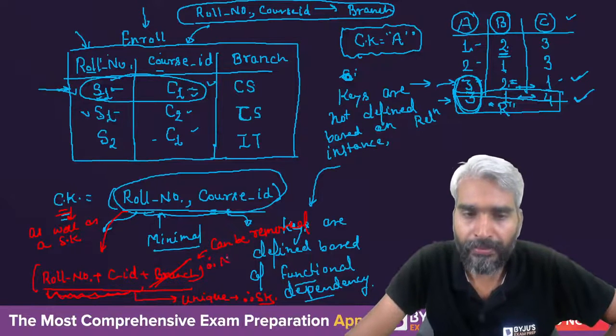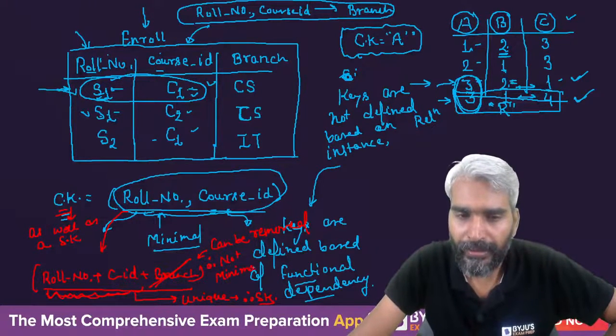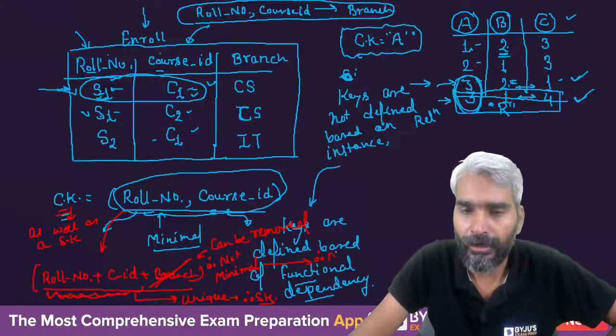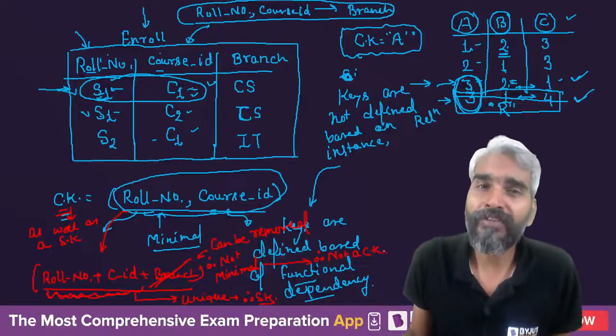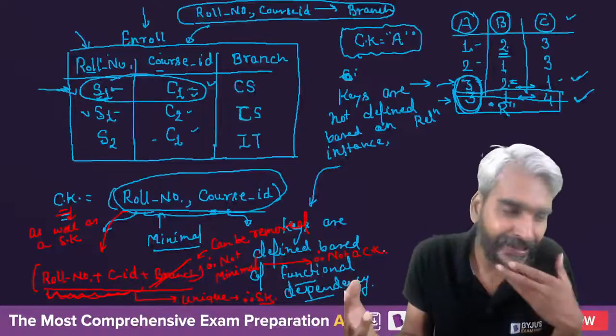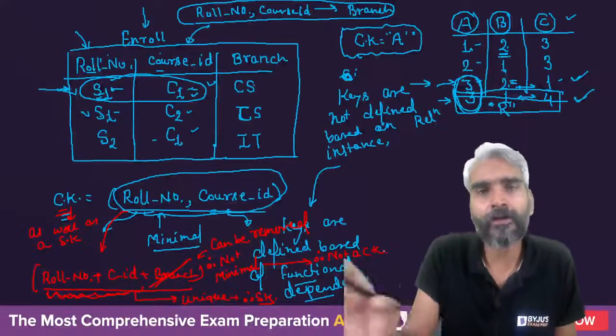Therefore, not minimal. And if it is not minimal, therefore it cannot be a candidate key. If a set of attributes is a key but not minimal, then it will definitely be a super key but not a candidate key.